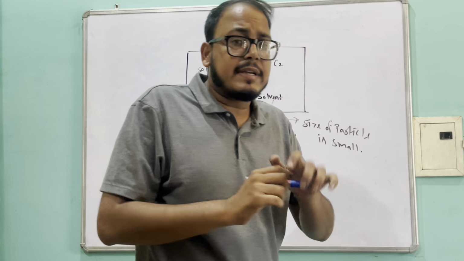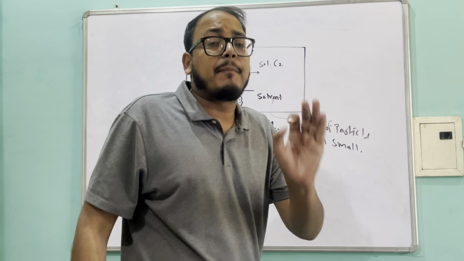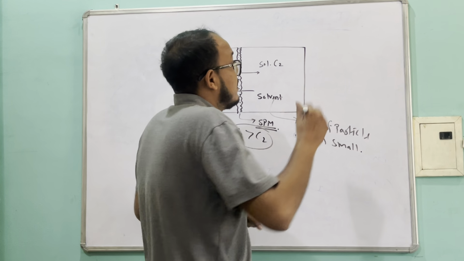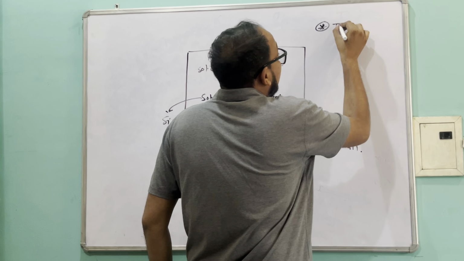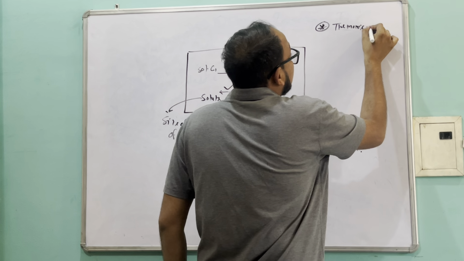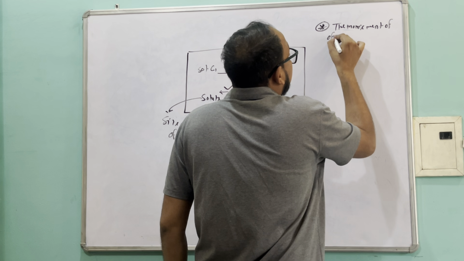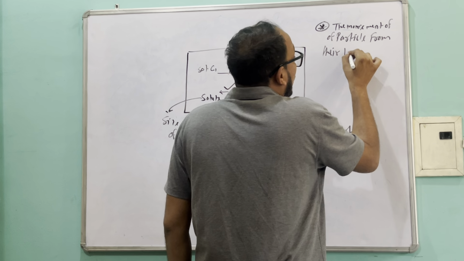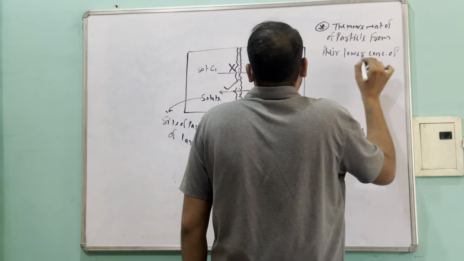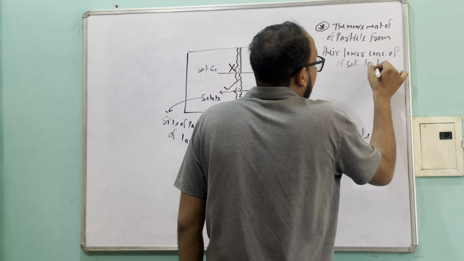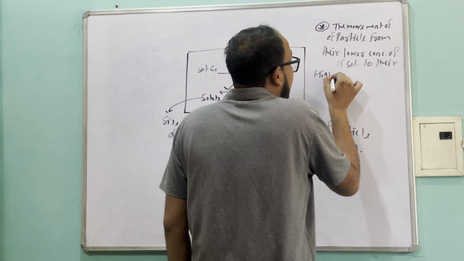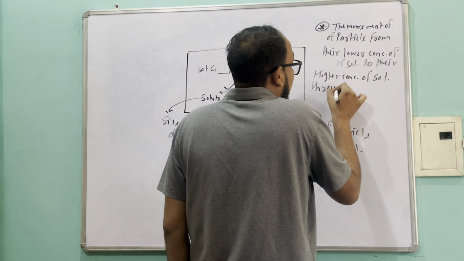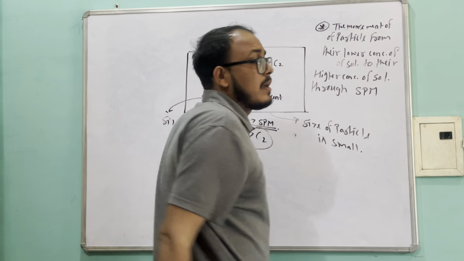So according to the definition of osmosis, we know that it is the movement of particles from their lower concentration of the solution to their higher concentration of solution through SPM, that is called semi-permeable membrane.